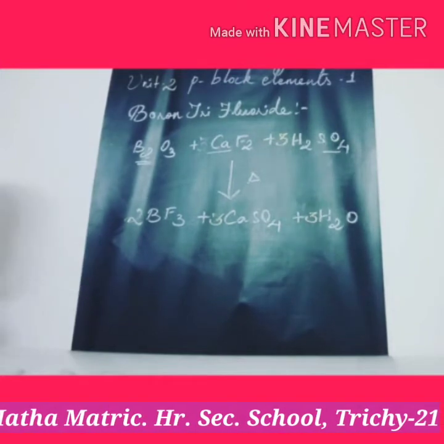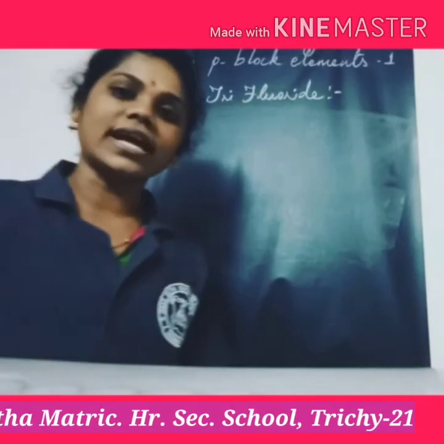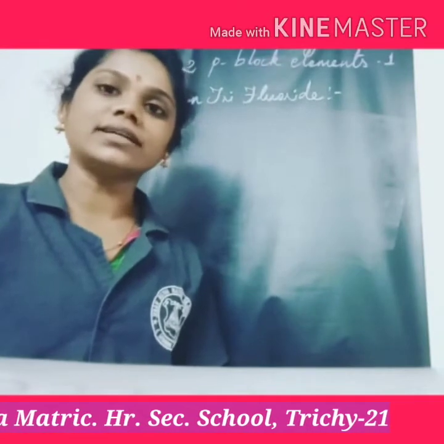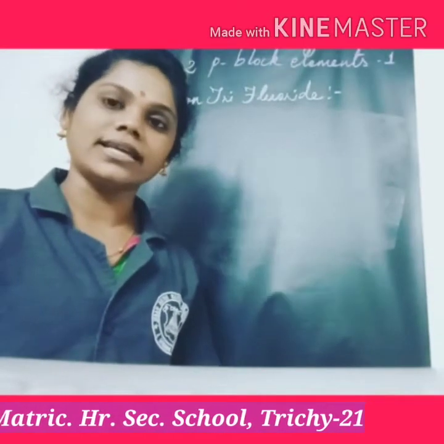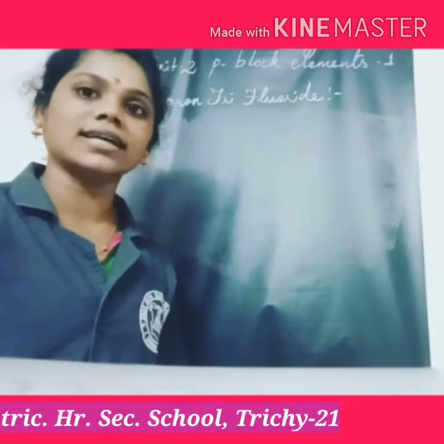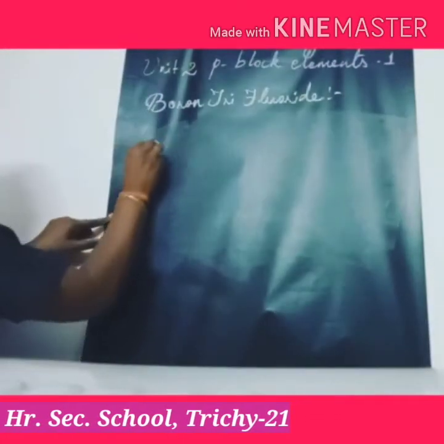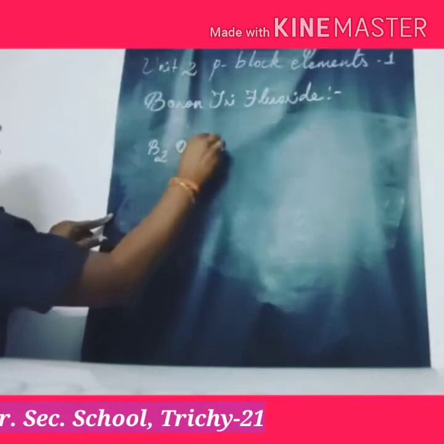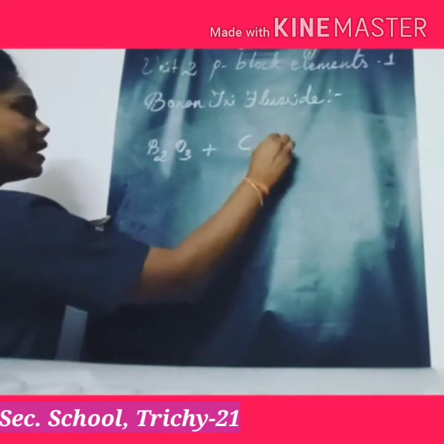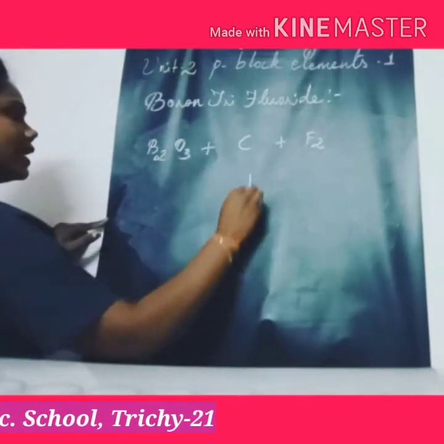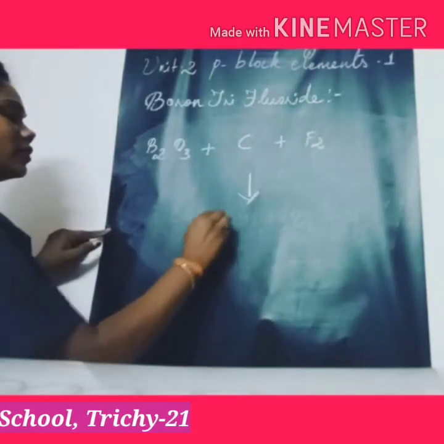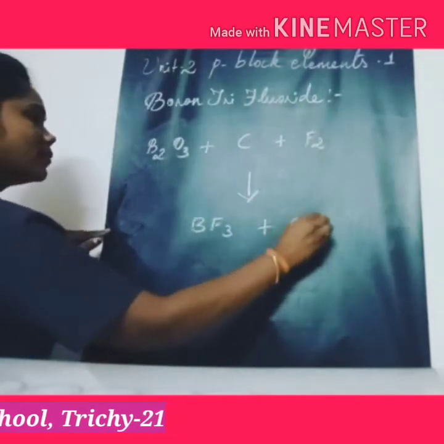The next method is, it can also be obtained by treating boron trioxide with carbon and fluorine. It gives boron trifluoride and carbon monoxide. Let us see the equation. Boron trioxide B2O3 is treated with carbon and fluorine. It gives boron trifluoride plus carbon monoxide.